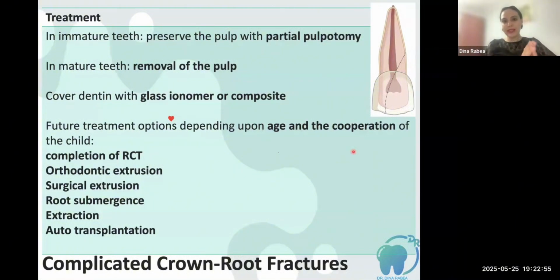The bone is much more valuable than a root of a tooth. And then in the future, we can use an implant for this kid in case we have enough bone saved from this procedure. Also, extraction is always an option, but this is the last option because we're speaking of an aesthetic zone, a very important aesthetic zone, and auto-transplantation as discussed earlier.